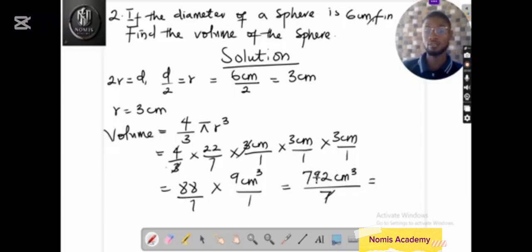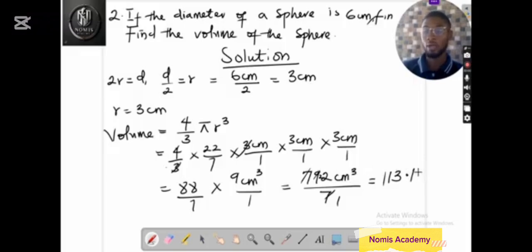So let's divide it. 7 in 7 is 1, 7 in 9 is 1, remainder 2. So I'll put 2 here. 7 in 22 is 3. So I'll be left with 1. If I put decimal point, I'll add 0 to that 1. How many 7 can I get from 10? I will have 1, remainder 3. How many 7 can I get in 30?